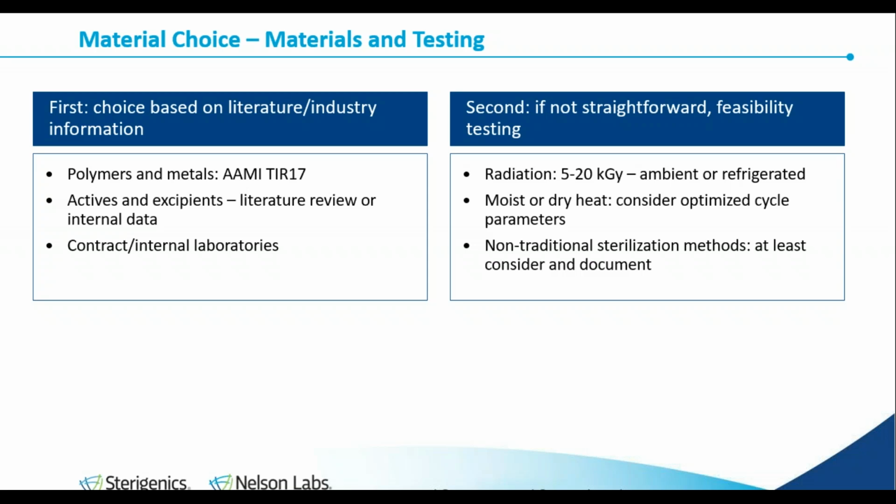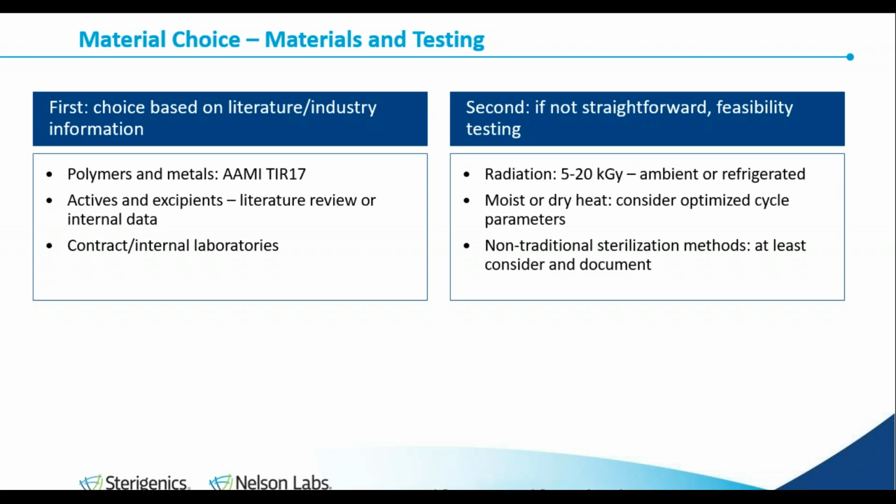And also you can consider either ambient temperature or refrigerated temperatures. For some types of products and materials, refrigerated or frozen conditions can make a significant difference in their compatibility with radiation. With moist or dry heat, we consider and optimize cycle parameters. Again, we've had this typical approach of applying fairly long cycles for moist or dry heat, but really what is needed, I'll talk about a little bit more later as well.